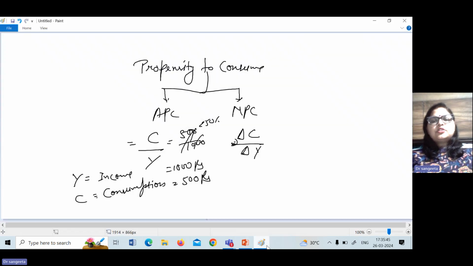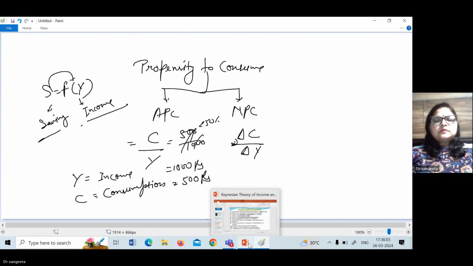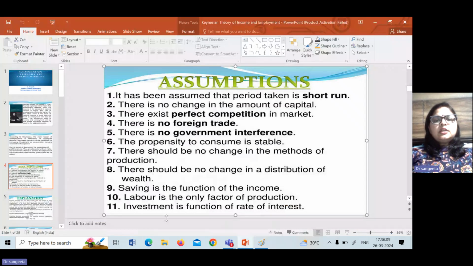We can write this as S equals function of Y, where S means saving and Y is income. That means how much we save totally depends upon the income level of an individual. And labor is the only factor of production. Labor is the most important factor of production. Without it, production cannot happen.